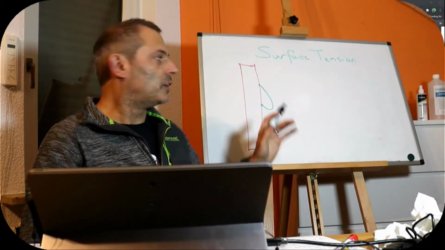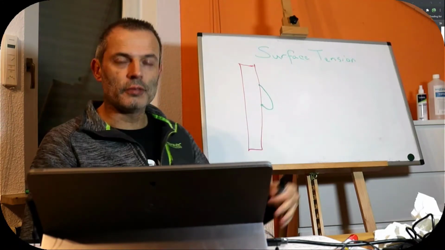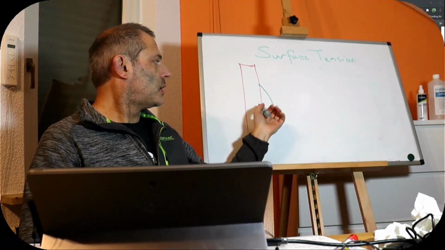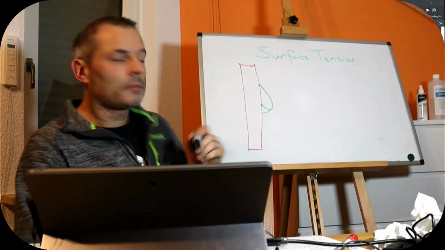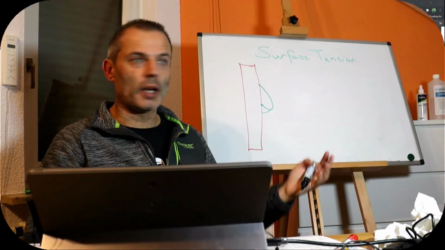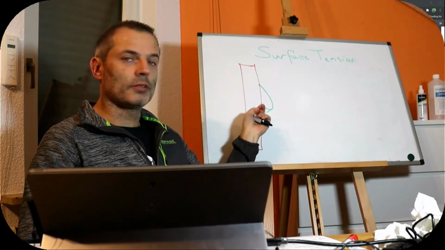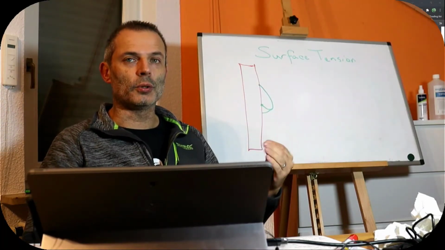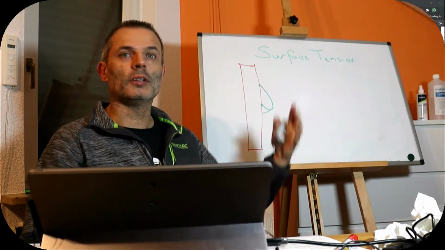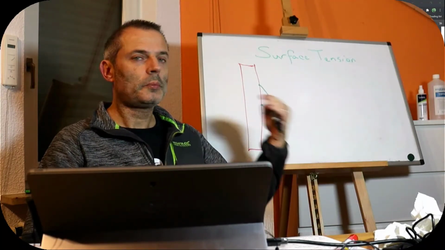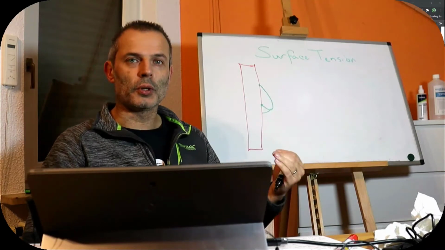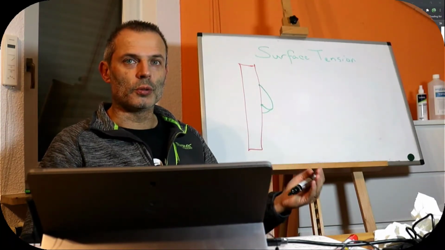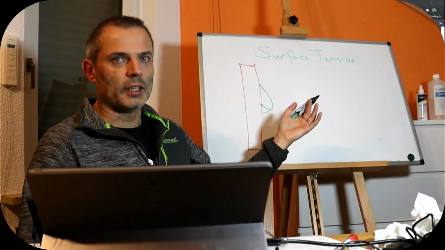It doesn't actually have to have this one folded right over, sometimes it's not, so it could also be a drop that looks like this, but there has to be a difference in angle between the back side and the front side to generate a force that is opposing the force of gravity. If there is no difference between the front and the back side, it doesn't matter what the angle is, the drop will fall down, or slide down is better.